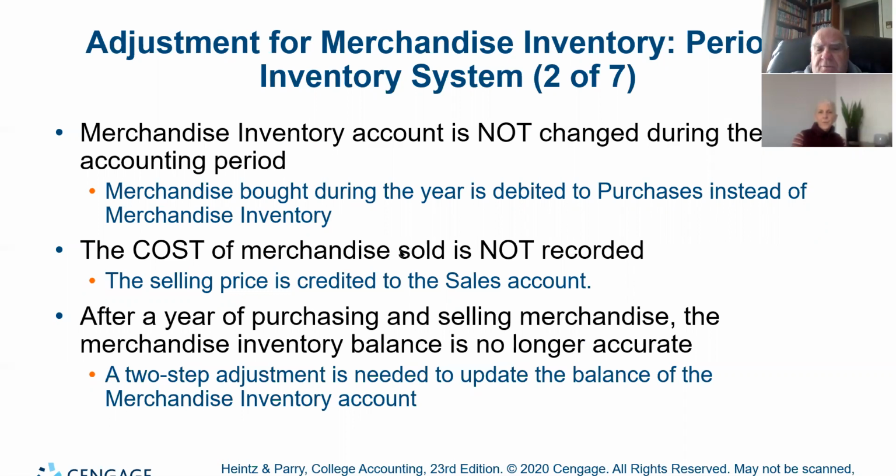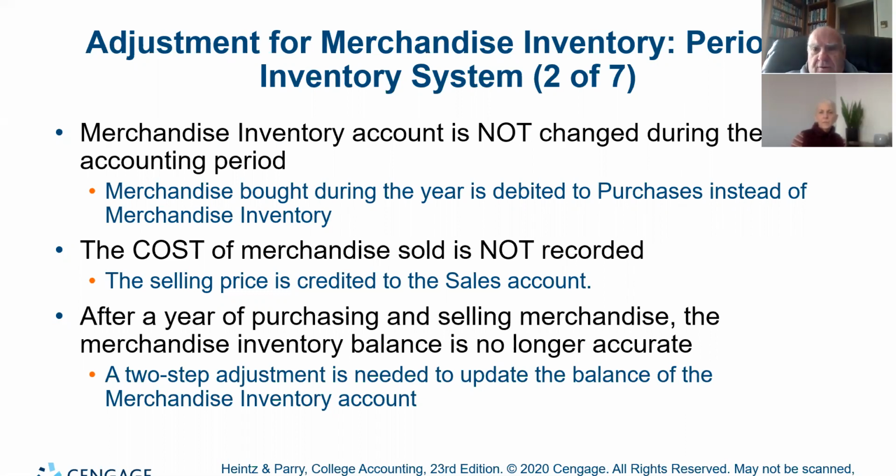The cost of the merchandise sold is not recorded under the periodic system. And remember, we went into chapter 13 and found out that under the perpetual system, the sales journal entry is the same: we debit accounts receivable and credit sales. But under the perpetual system, we also debit cost of goods sold and credit inventory.